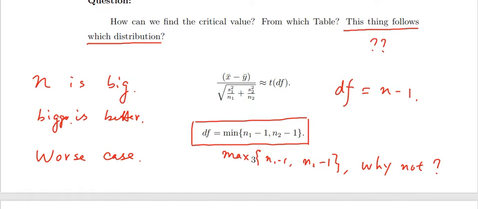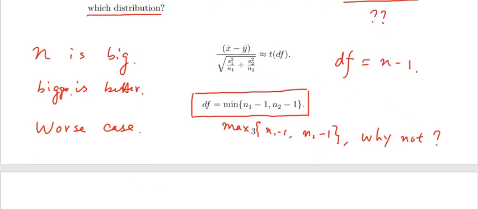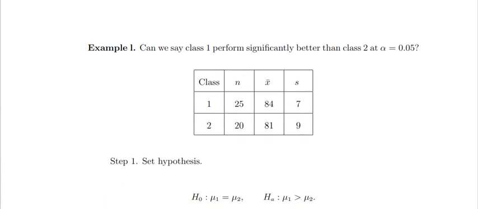Or we are just more conservative in making a decision. Okay, so we just pick the smaller one. If we regard these things as following a T distribution, then we just check a T table. Then we can find whether this number is big or small. Then we can make a decision, right? Okay. So now let's consider the problem.